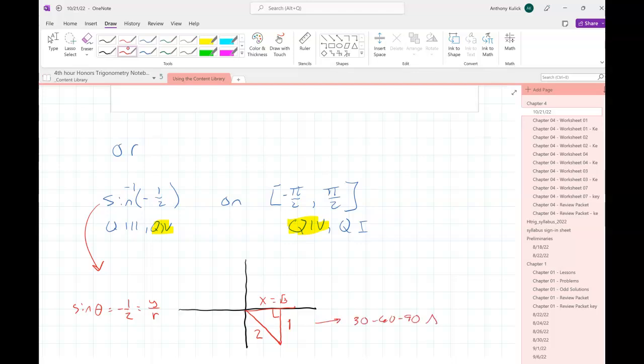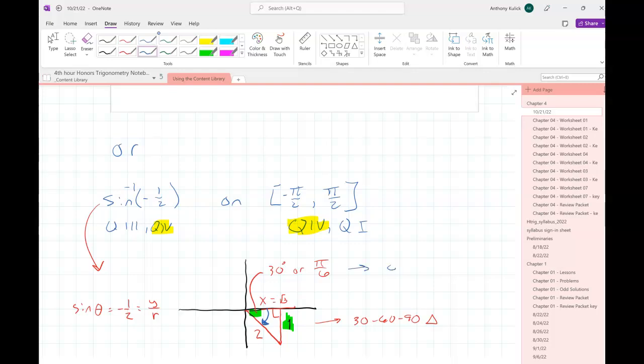So this is a 30, 60, 90 triangle. Since this is the short side, I know that that's the small angle. So that's the 30-degree angle, or if I convert 30 degrees to radians, that's pi over 6. Is everybody okay? And I know that my angle that I'm going to be finding needs to go this direction.